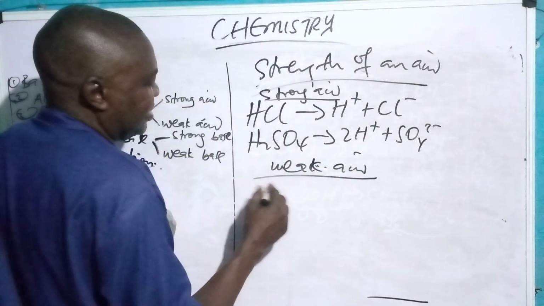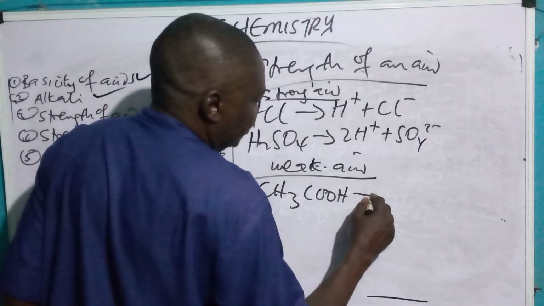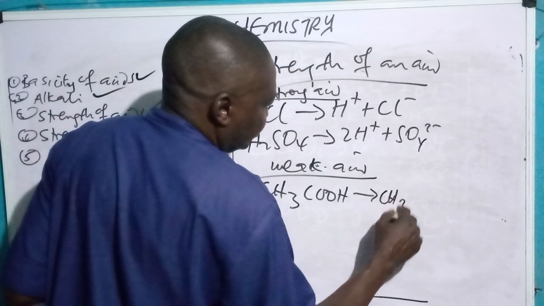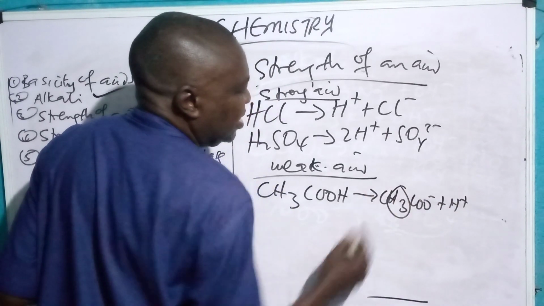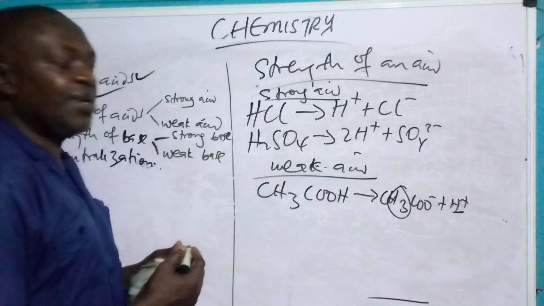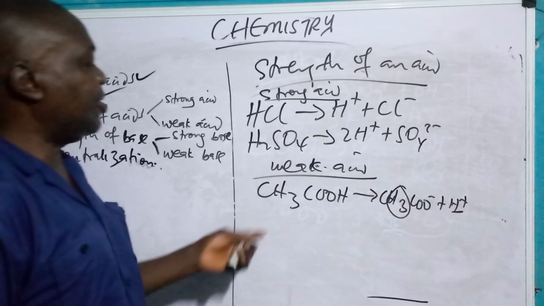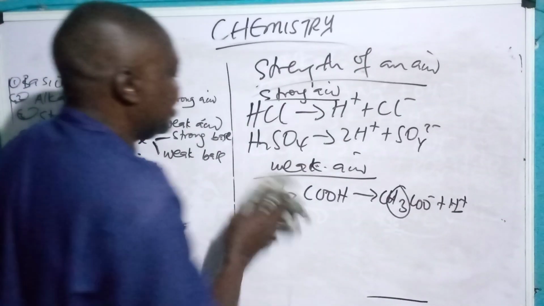An example is ethanoic acid, CH3COOH. You can see hydrogen is still here, existing as molecules instead of ions. So the ionization of ethanoic acid is only partial, therefore it's a weak acid, while these ones are complete, therefore they are strong acids.